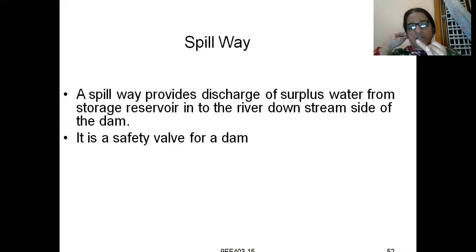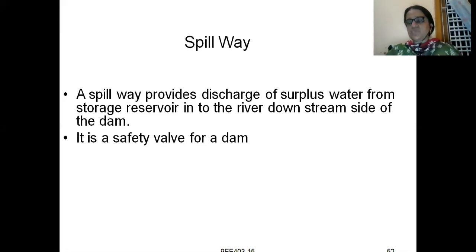Suppose unknowingly the water stored in the dam has crossed its maximum level. Then because of over storage or the pressure of the water, and also due to aging of the dam, there is a chance that your dam might collapse.